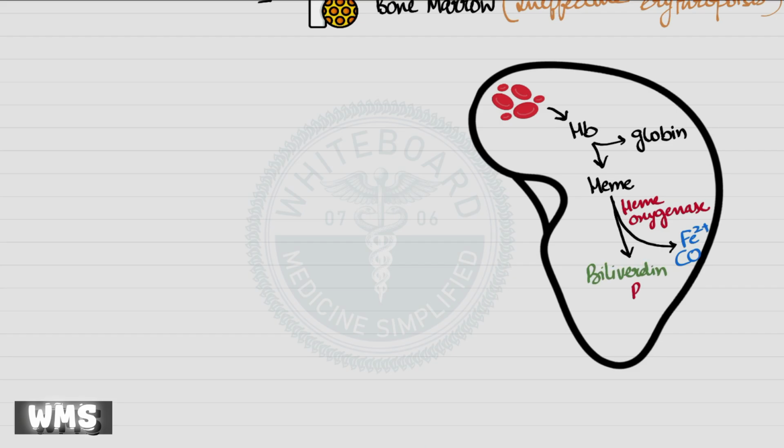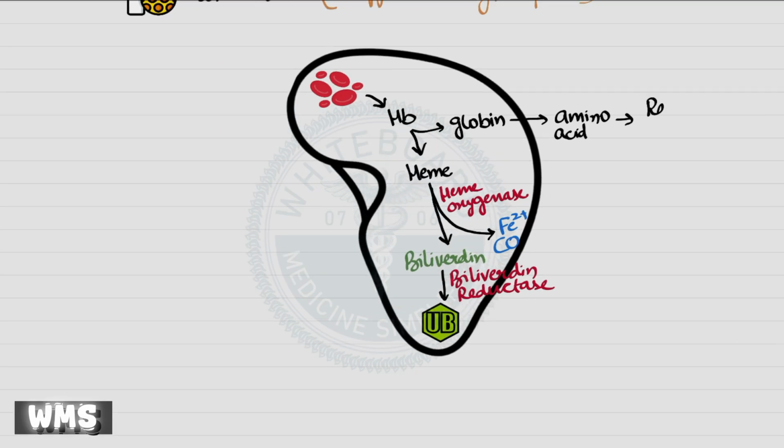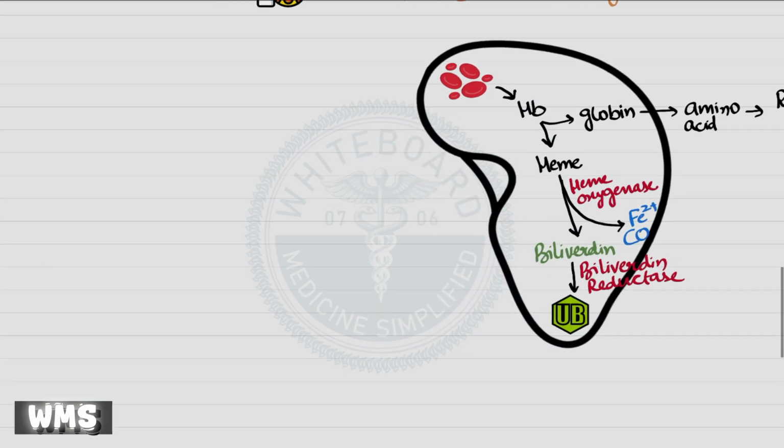Next, another enzyme, biliverdin reductase, quickly converts biliverdin into unconjugated bilirubin. At the same time, the globin portion of hemoglobin is broken down into amino acids which are reused by the body. Now, this unconjugated bilirubin is not water-soluble.